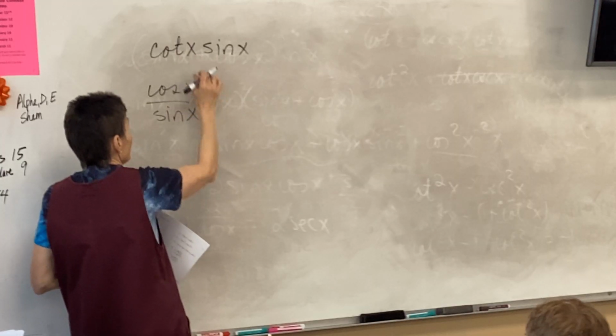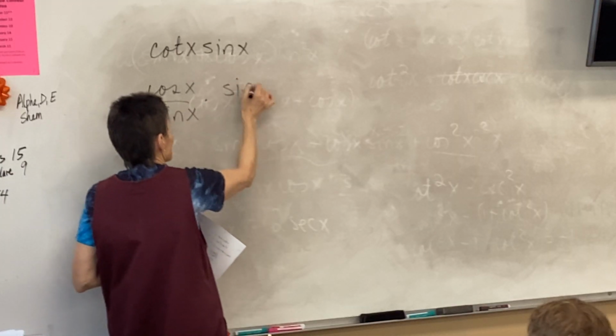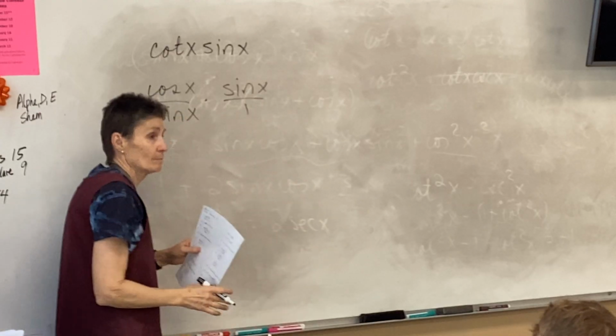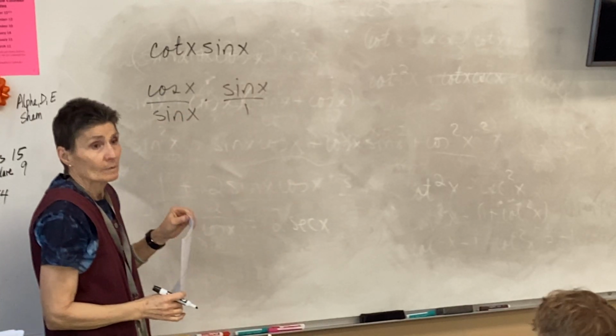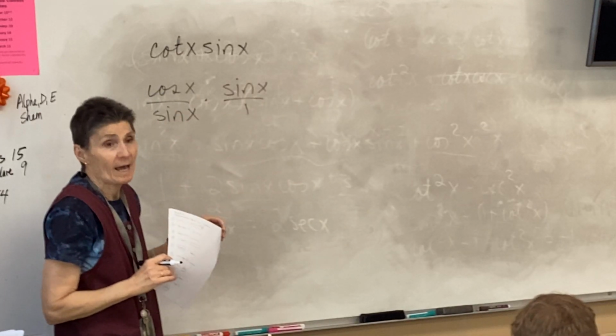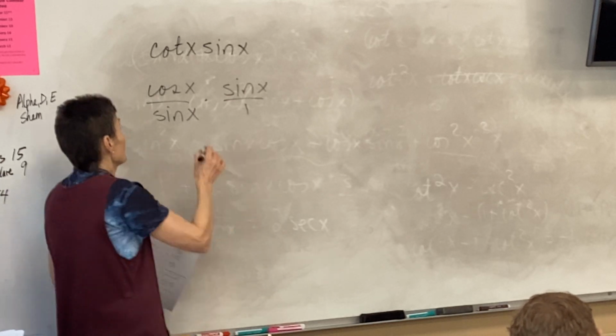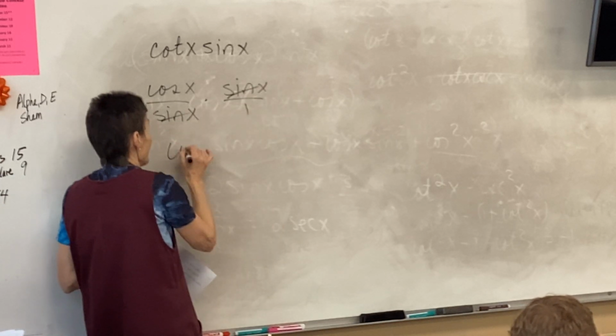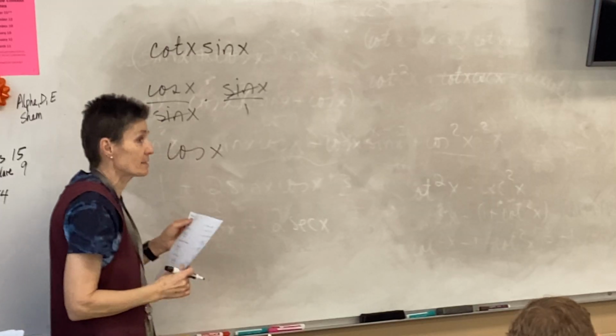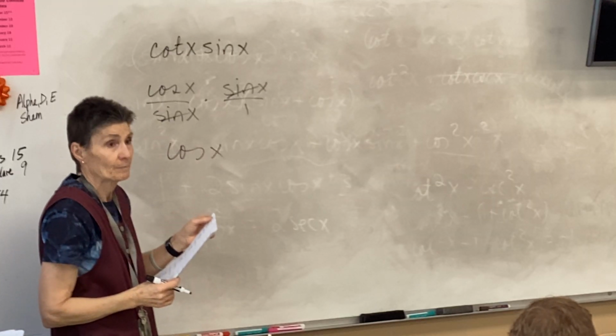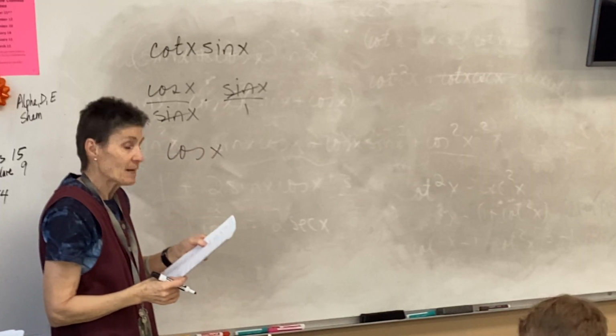And it's a multiplication problem, so I'm going to make it sine over 1. And what's going to happen? Sines are going to cancel, and the answer to the problem is just cosine. Now let's skip down to number 4.